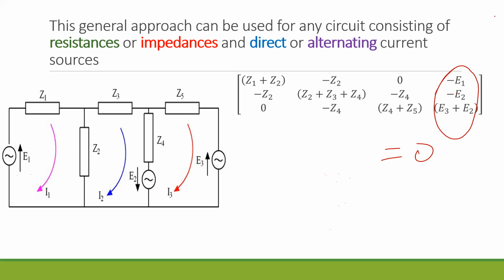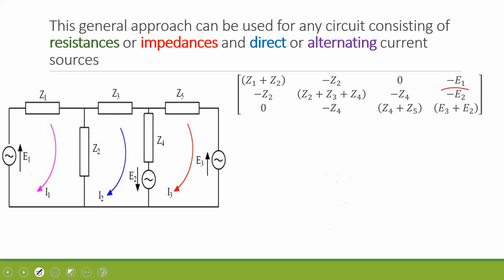The terminal on the bottom. Negative, sir. The negative terminal. Good. All right, and because of that, we write E1 as minus E1.